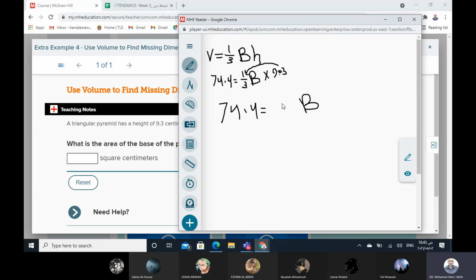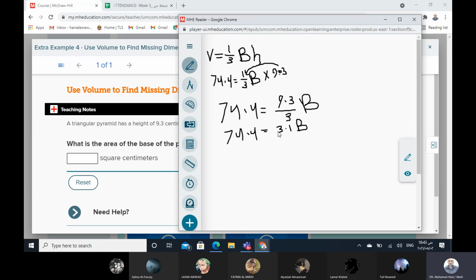So 9.3 times 1, 9.3 over 3. Rewrite the equation: 74.4 equals 9.3 divided by 3, which is 3.1, times the area of the base.